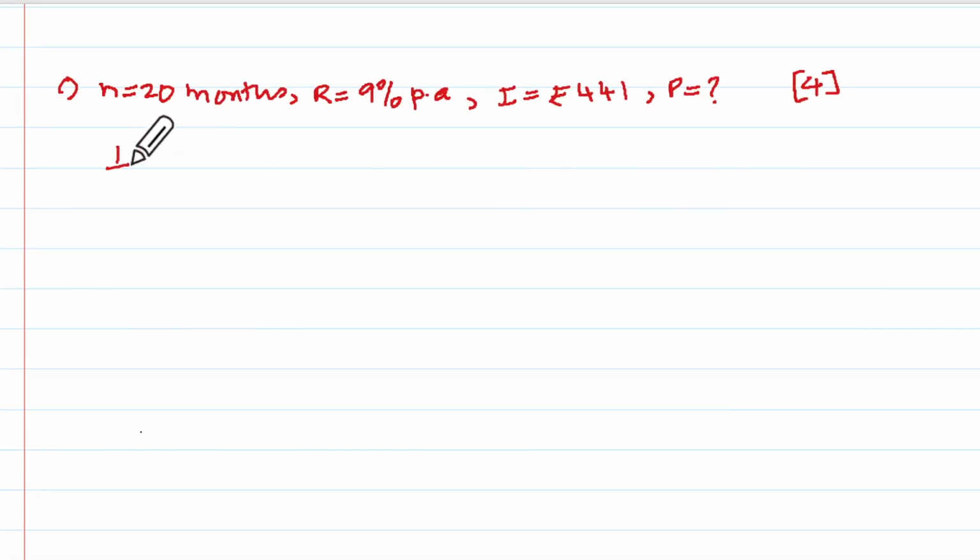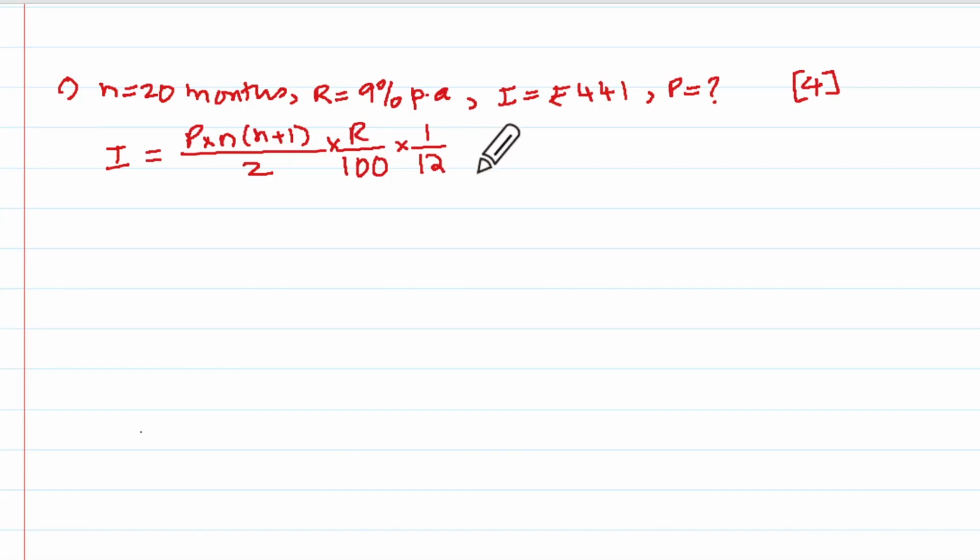For the interest, we will use only the interest formula. Interest is P multiply n into n plus 1 upon 2 multiply 12 multiplied by R upon 100 into 1 upon 12. Okay, some of you remember this numerator upon 2400.